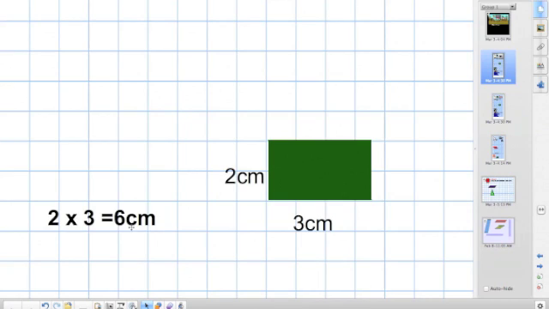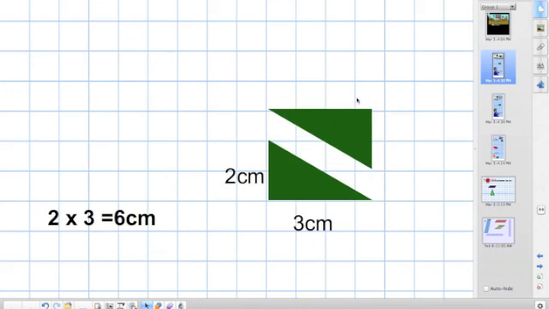Did you ever notice triangles are just half of a rectangle? If I take this rectangle and I split it right in half on the diagonal lines, I get 2 triangles. Using that knowledge, we can determine that a triangle is just half, or dividing it by 2.